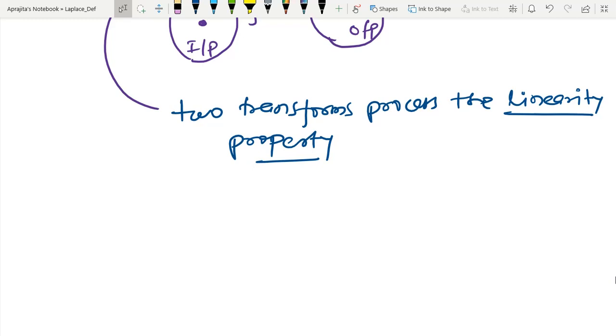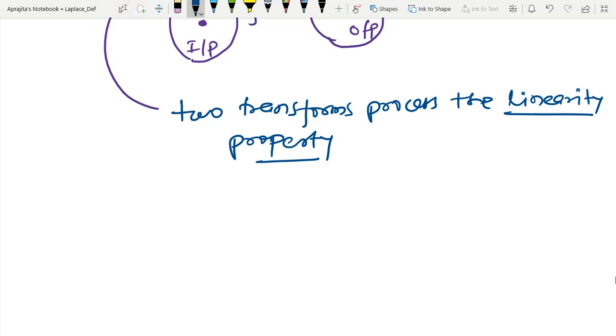First I will apply some part of the function, after that I will apply the second part of the function, and simply the combination is nothing but the addition of those two responses. That is the beauty of the linearity property.